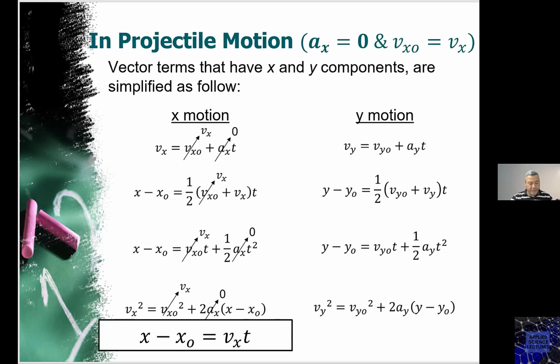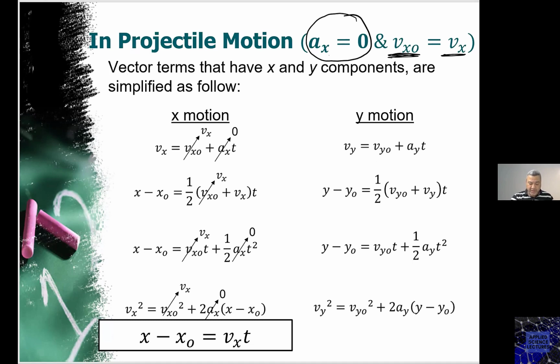Now, if I am to introduce the projectile motion, the difference is we don't have acceleration horizontally in the x-axis. We only have the acceleration of the gravity, and that's why in the projectile motion, ax is 0 and the velocity is constant. So the initial equals the final.